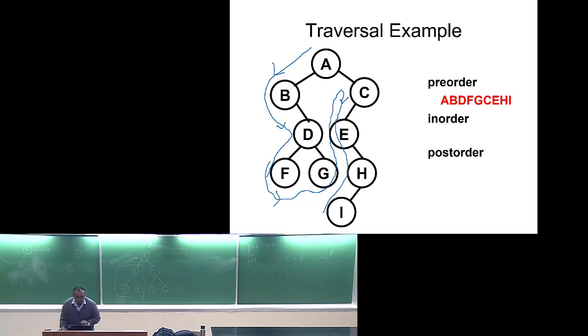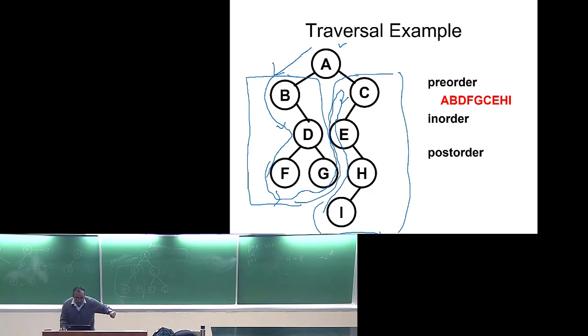In order, right? In order, what I'll do, this is my root, that's my left subtree, and this is my right subtree. Okay? So let's do in order traversal of left subtree. And in the left subtree, do I have anything on the left? No, right? So I will start with B, and then after that I will have to do in order traversal of this subtree with F, D, and G, right? Can I do in order F, D, and G, right?